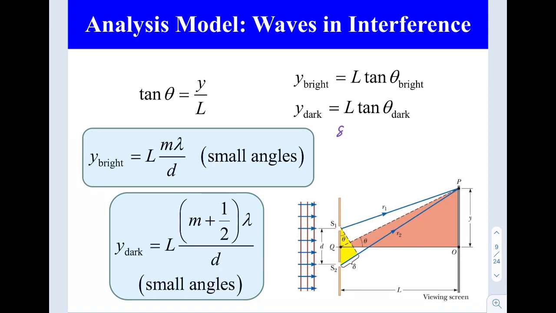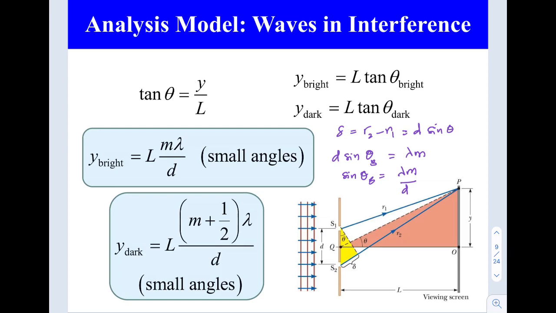We know that the path difference is R2 minus R1, equivalent to d sin theta. For bright, d sin theta bright is equivalent to lambda m, with m equivalent to 0, plus minus 1, plus minus 2, and so on. So sin theta, let's say for bright first, must be lambda m over d.